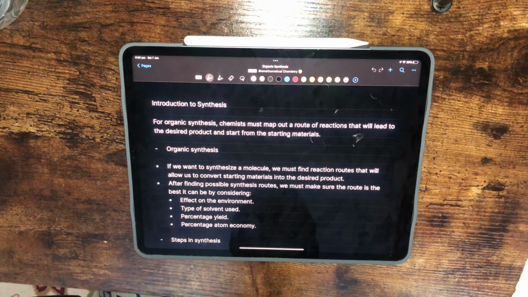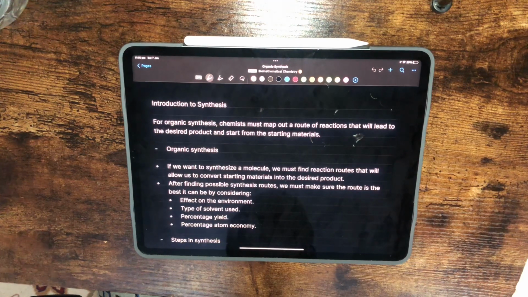So this topic you don't necessarily have to know, like there's not going to be questions directly about it. Technically there would be some questions about organic synthesis, but this in itself isn't a topic that you think of as specific points or a part of the unit. It's more something that can apply to anything in organic chemistry.